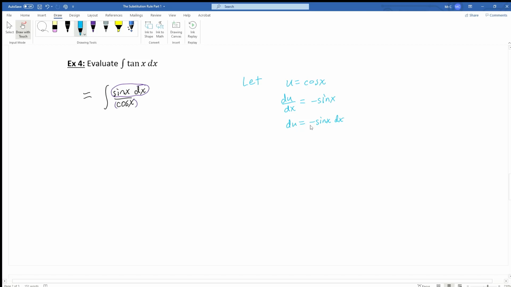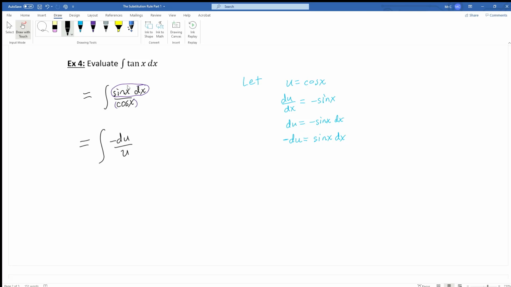So what do I need to do? Well, if I multiply both sides by -1, I get negative du equals sine of x dx. So this gives me the integral of negative du over u.